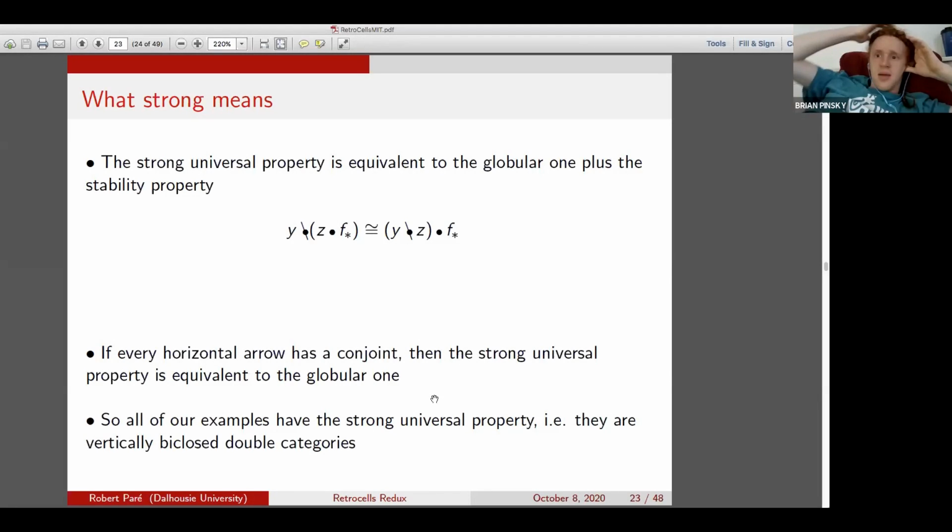I was just asking about when you first had this dot notation. So you're assuming the vertical category has some kind of product, and that's how you're defining the exponentials here, right? Yes. So you can compose the arrows and the cells horizontally and vertically as well.